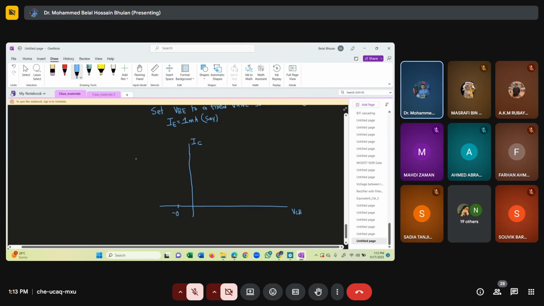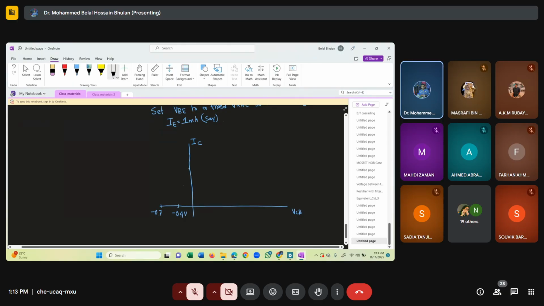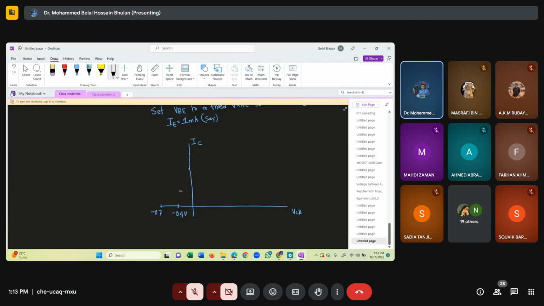This is minus 0.4 volt, minus 0.7 volt. We already found out it should be something like this. Okay, and it's just an approximate.